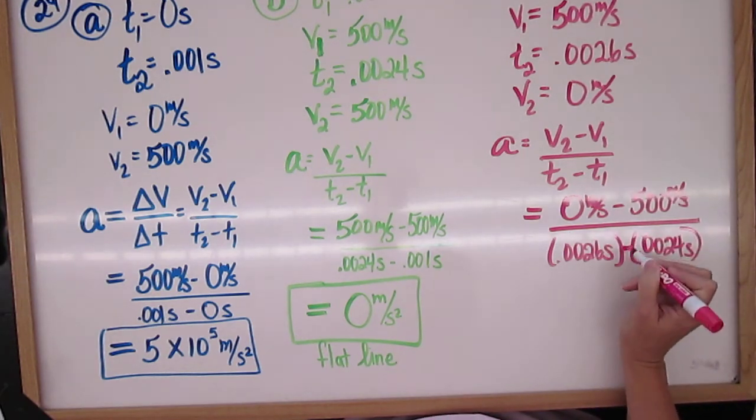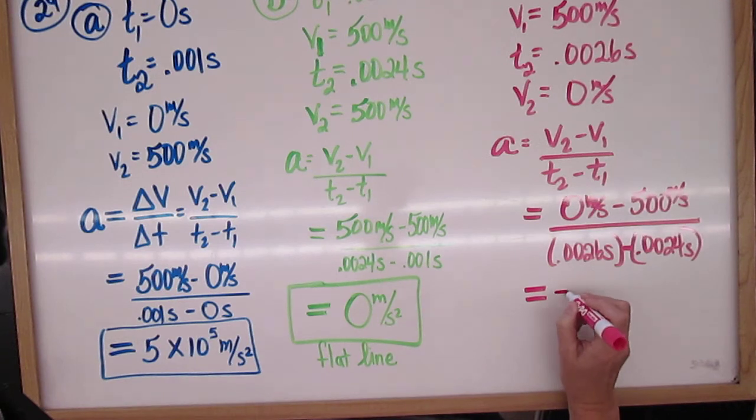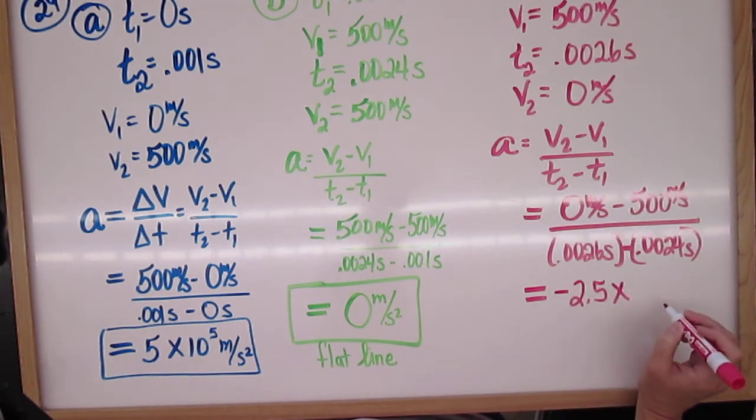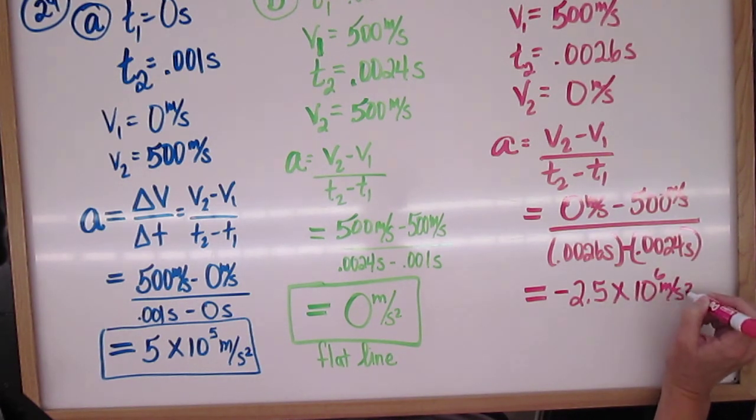Just trying to keep things neat. So we have a negative 500 divided by 0.0002 seconds, and that gives us a final answer of negative 2.5 times 10 to the 6th meters per second squared.